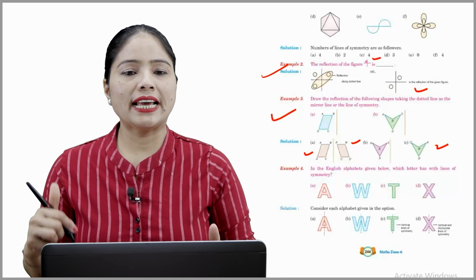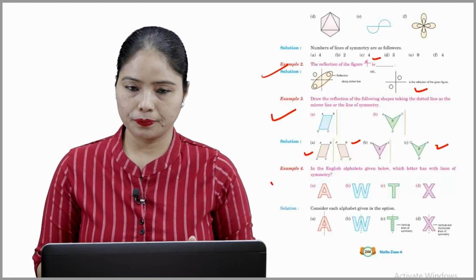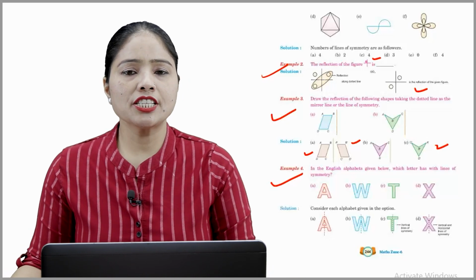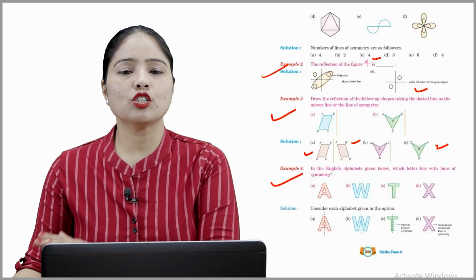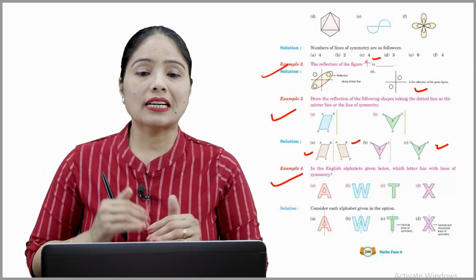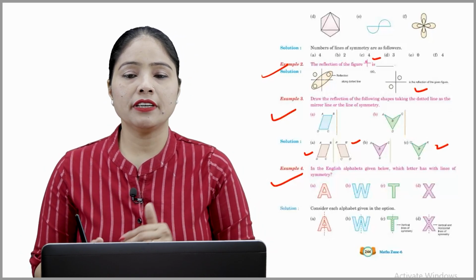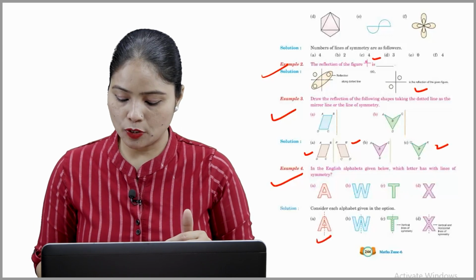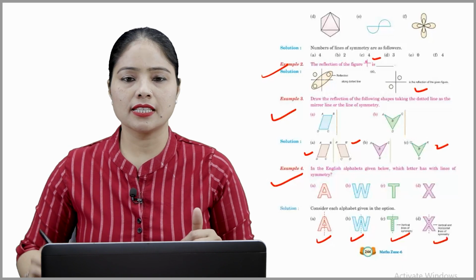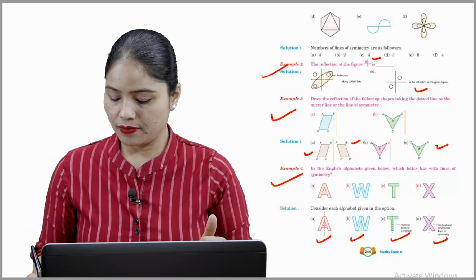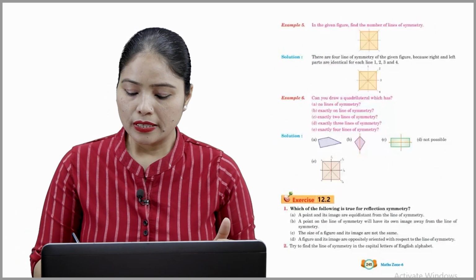So now move on, example 4. In the English alphabets given below, which letter has lines of symmetry? So consider each alphabet given in the options. This is its symmetry, its symmetry like this, like that way, and this is the symmetry of X. I hope you understood well.